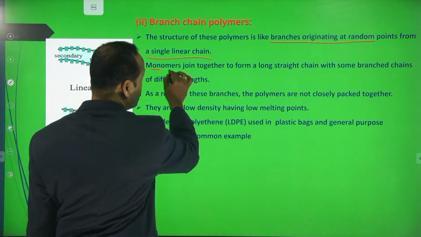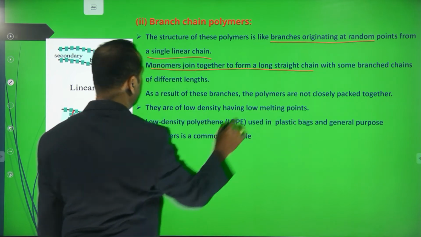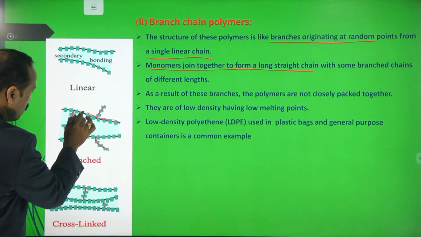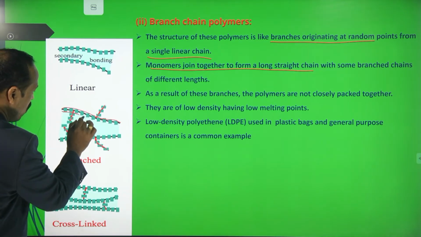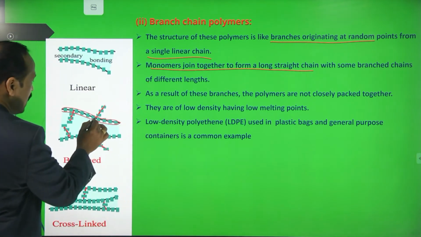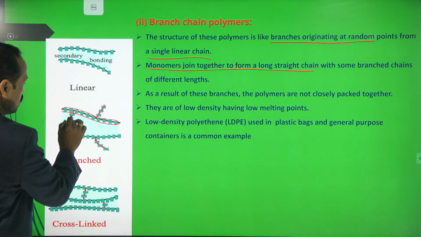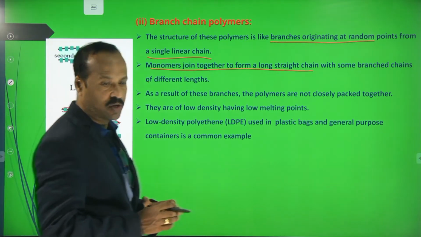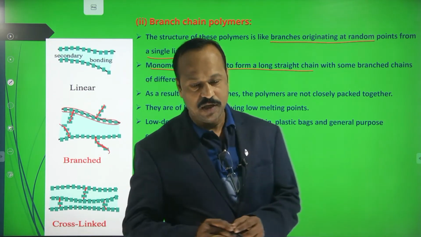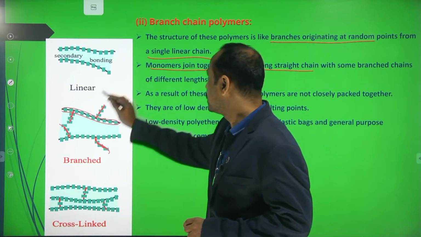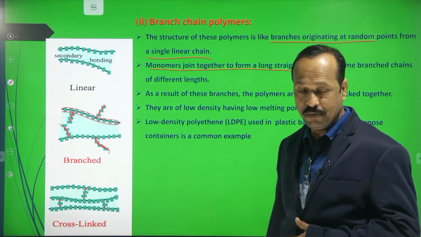See, first the monomers join with each other, forming a long and straight chain with some branched chains of different lengths. Different chains will be attached to this one. So a chain with different branches is called a branch chain polymer.